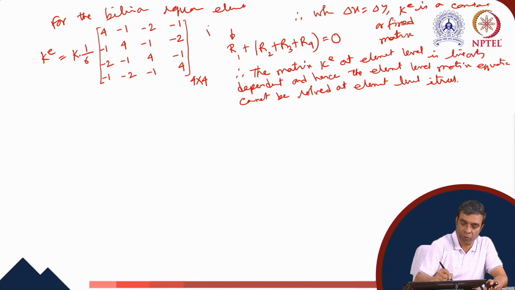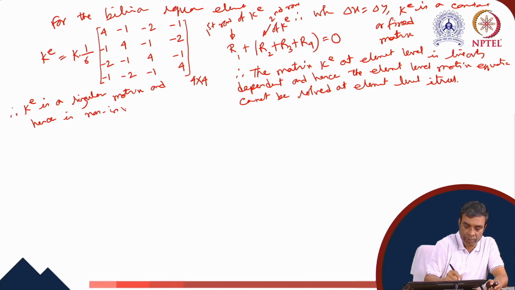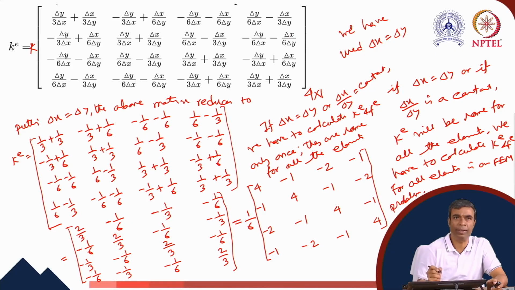So Ke is a singular matrix and hence is non-invertible. Let us go back to the previous expression where we calculated this Ke.